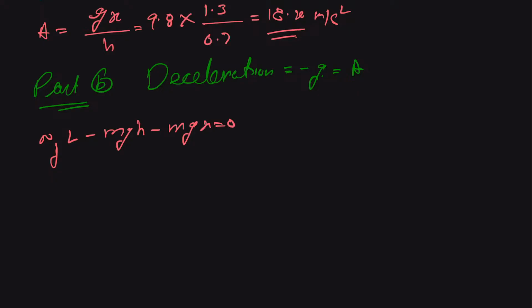And therefore, we get our NF will be equal to, we can take mg as common, and this comes as h plus x divided by L.